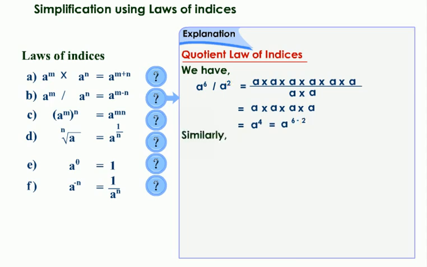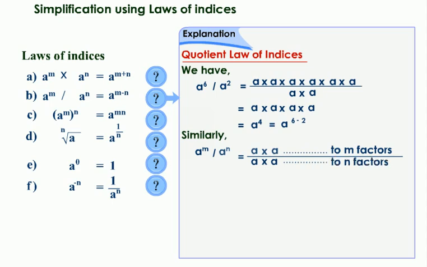Similarly, when we are given a to the power m divided by a to the power n, we write it as a into a up to m factors divided by a into a up to n factors.